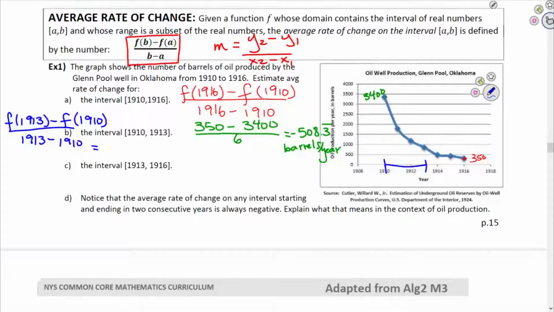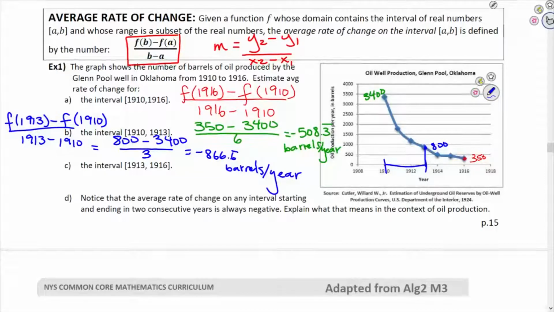At 1913, it looks like the value was about 800. I'm just estimating here. So I have 800 minus, in 1910, about 3,400, divided by the 3 years in that interval, and we get negative 866.6 repeating barrels of oil per year.